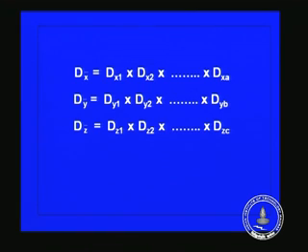The Cartesian product of these is defined as Dx bar, the input domain. Similarly, the program variables are y1, y2, up to yb, with domains Dy1, Dy2, up to Dyb. Their Cartesian product is defined as Dy bar, the program domain.